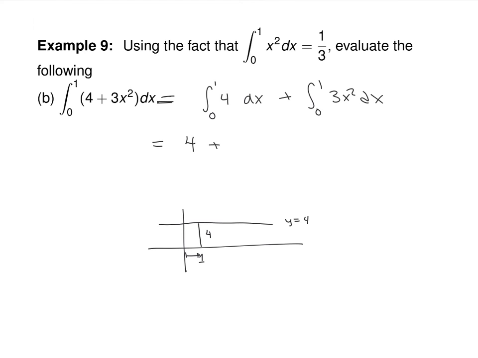With that next piece, the 3, the constant, can come out of the integral. And now, do you know the value of that thing? We proved it earlier, didn't we? The integral from 0 to 1 of x squared dx is equal to 1/3. So that will be 4 plus 3 times a third, which I think just gives us 5 in the end. Right?